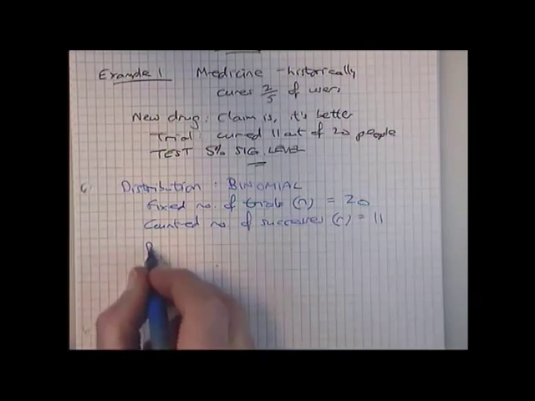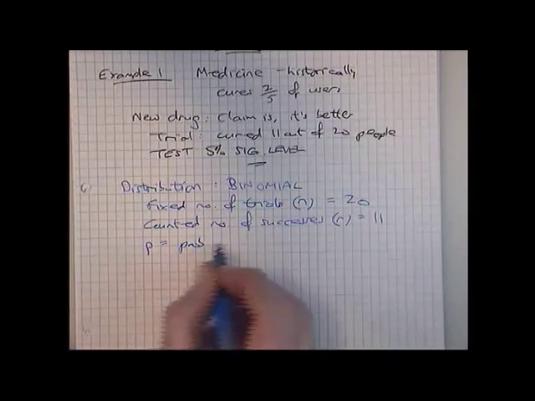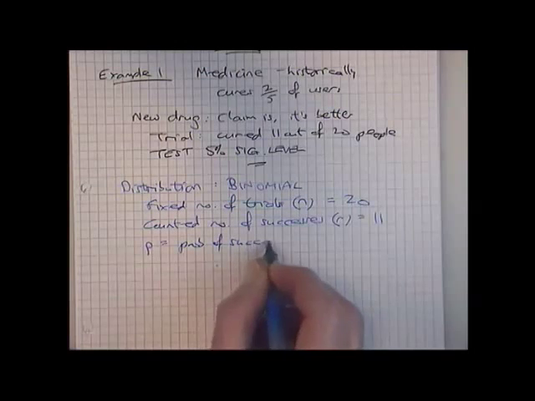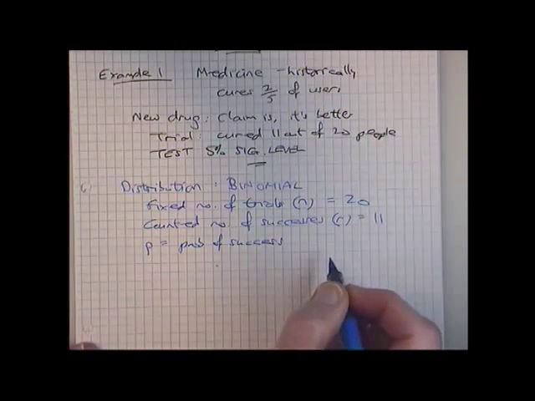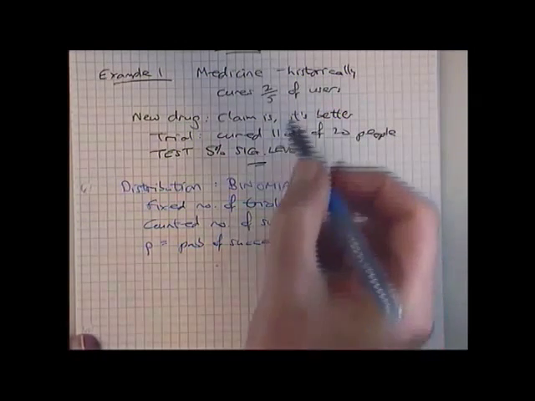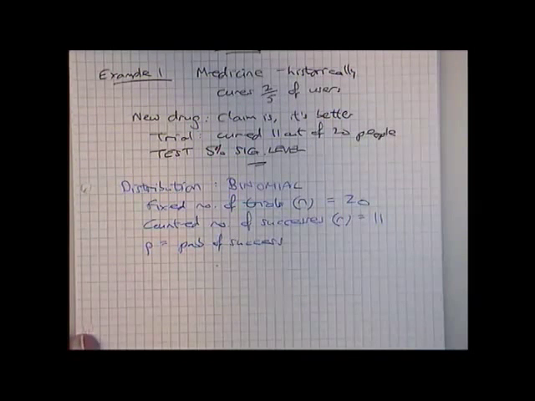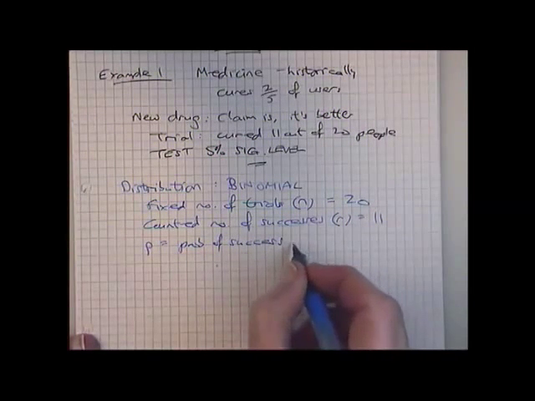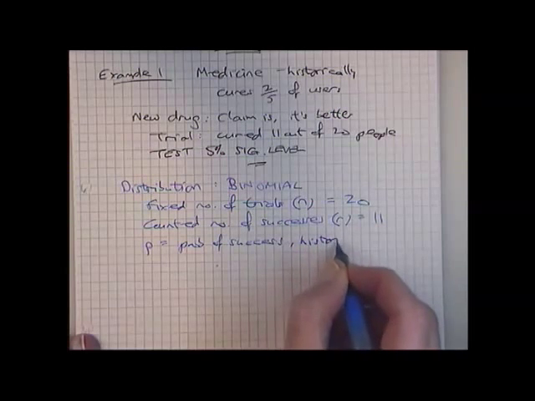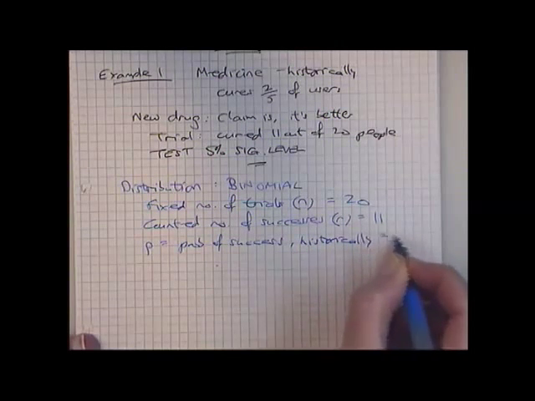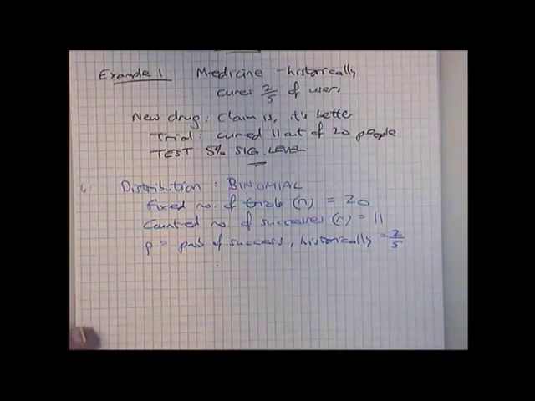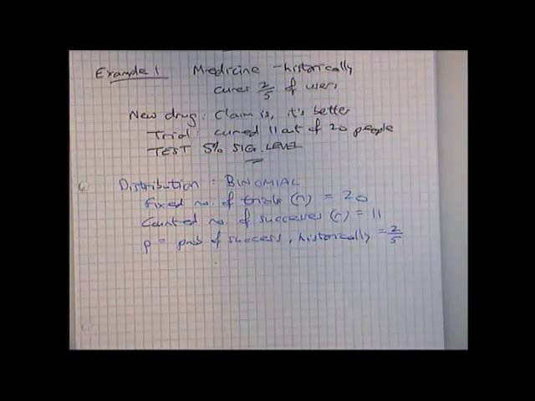P, the probability of success. All we had to go on initially was that it's supposed to be 2/5, so the probability of success historically is 2/5. So yes, it is the binomial distribution, well spotted. Why is the probability 2/5 when it's a different drug? Well, historically it was. So what we've got to see is, has that changed or not?